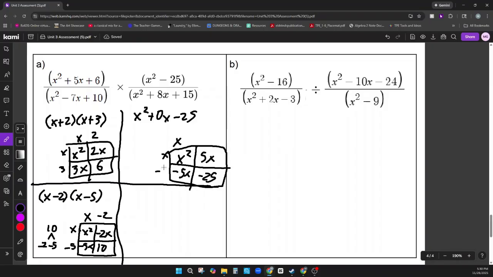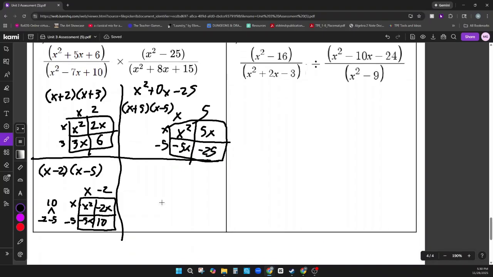That's x and x, negative 5 and 5, meaning this ends up being x plus 5, x minus 5. Okay? And finally, we have x squared, and we have 15. Naturally, 3 and 5 make 15, which also gives me 8. So I have 3x and 5x, give me x, x, 3 and 5, giving me x plus 3, x plus 5.